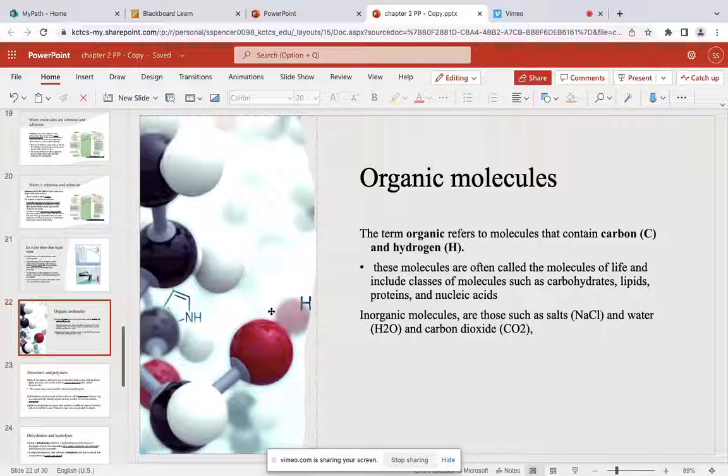Would it be CH4, or would it be CH2O? If you said CH2O, you'd be correct, because it contains something other than carbon and hydrogen. It's inorganic. It's that oxygen that makes it inorganic.